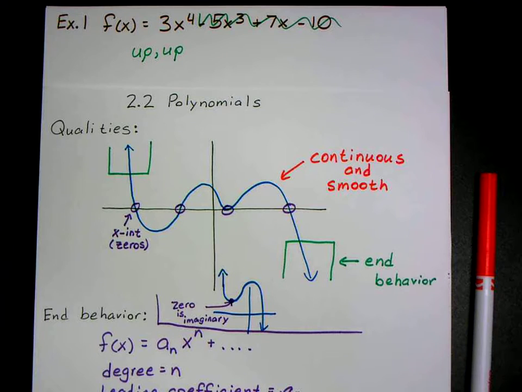So that's why zeros and x-intercepts are different. You can have a zero that's not an x-intercept if it's imaginary.